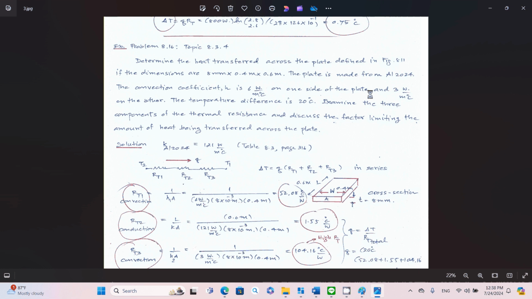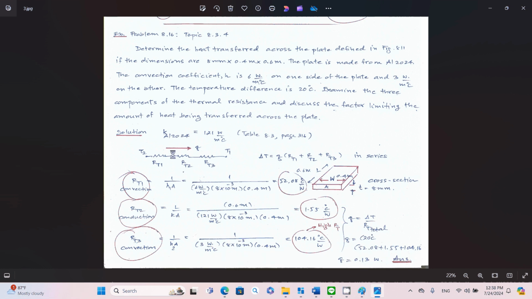Okay. For the thermal conductivity of aluminum 2024, from table 8.3, page number 316, that's 121 watt per meter degree Celsius. And the thermal resistances are connected in series. You have the temperature difference, T2 minus T1, that's 20 degrees Celsius between the outermost system and the innermost system.